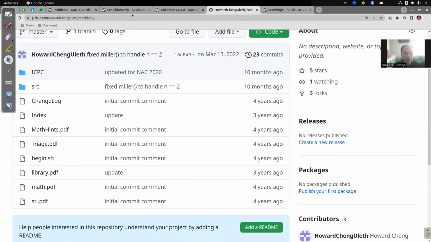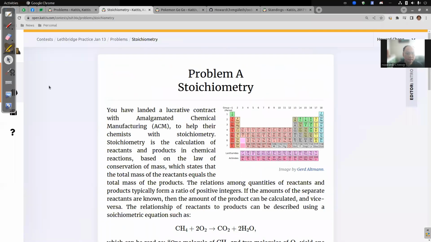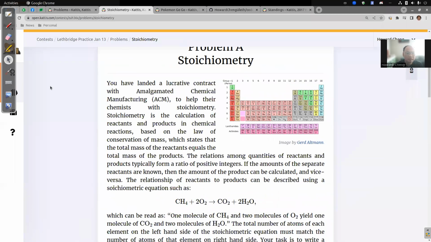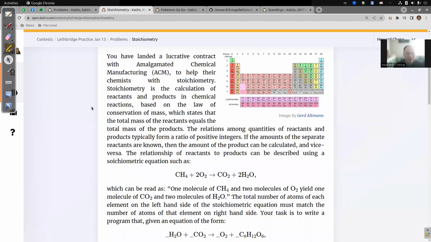Okay. Let's look at this stoichiometry. There's some kind of chemical reactions, and you can read all of this.